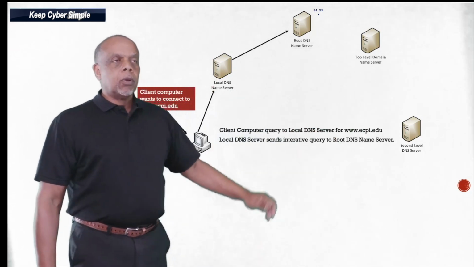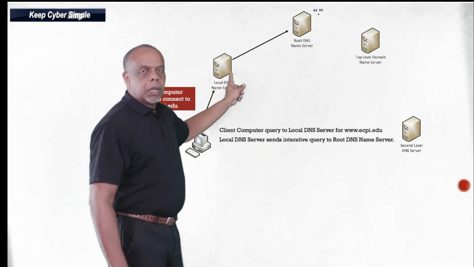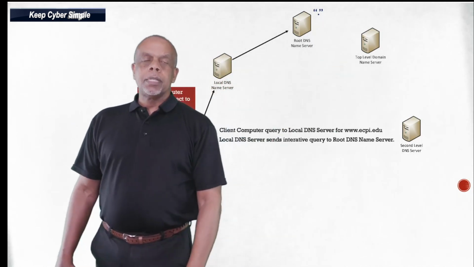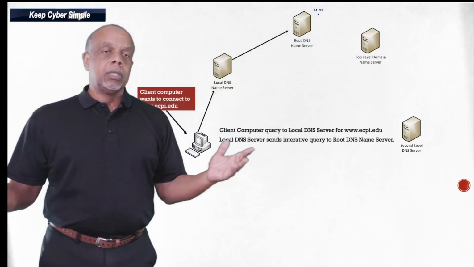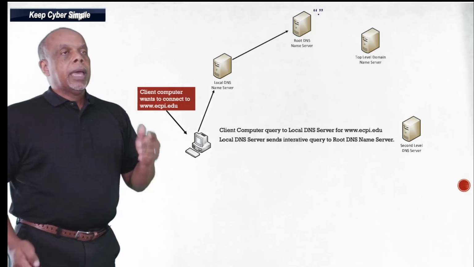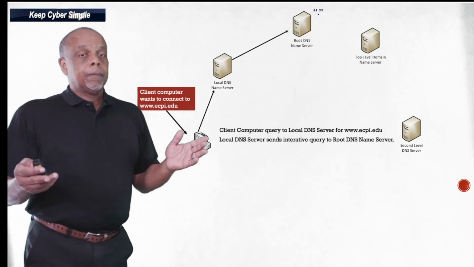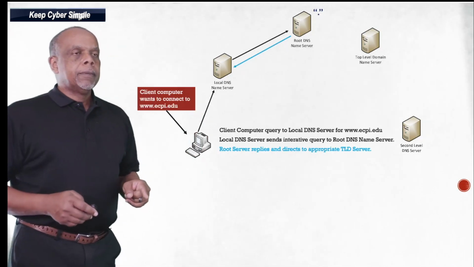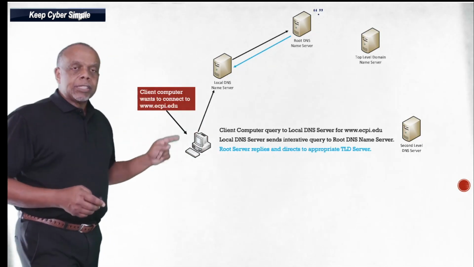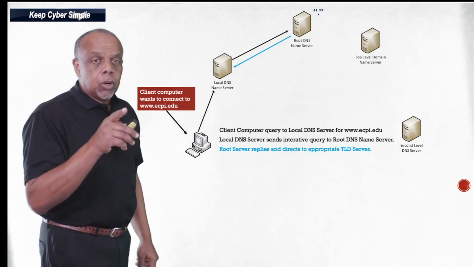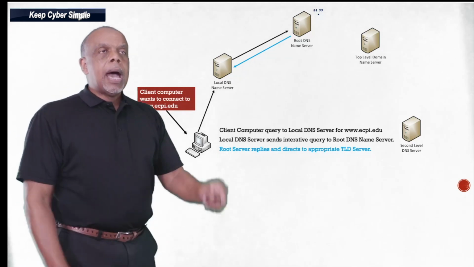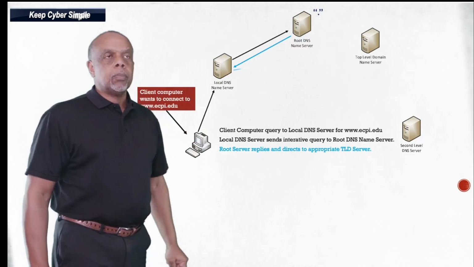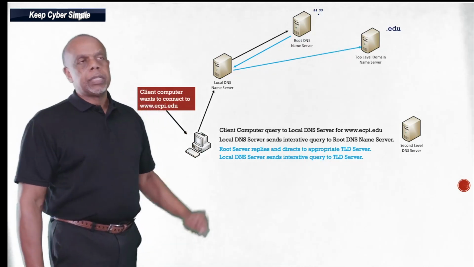It asks, hey, do you know who www.ecpi.edu is? And this root server goes, well, no, I don't. But here's what I can do for you. Since I do know it's .edu, I can send you to the .edu top level domain name server. Boom. And that's what it does.